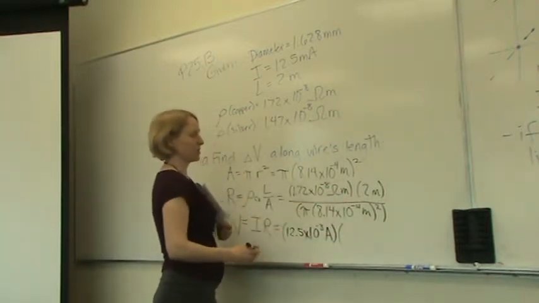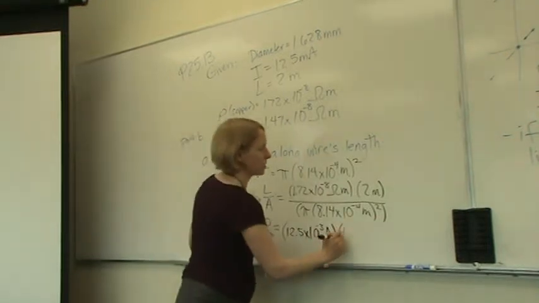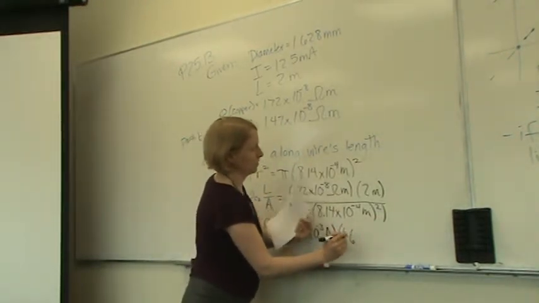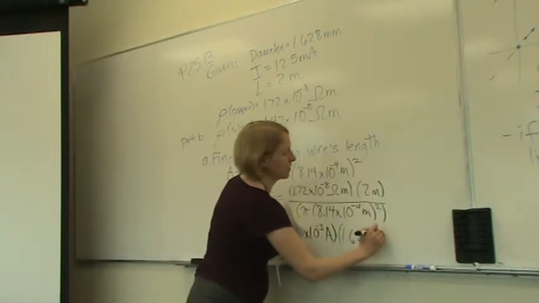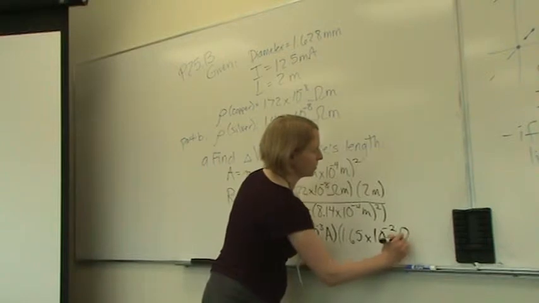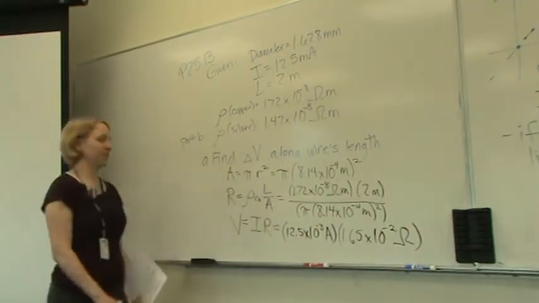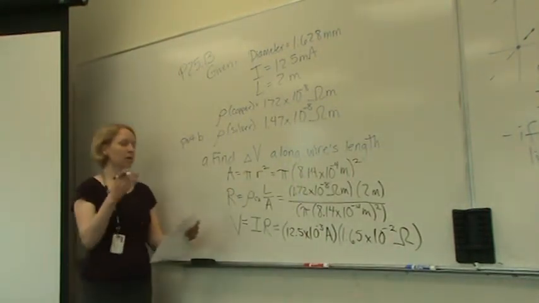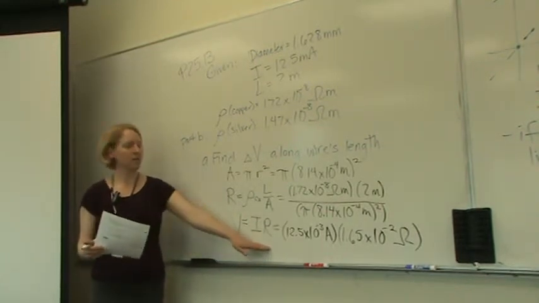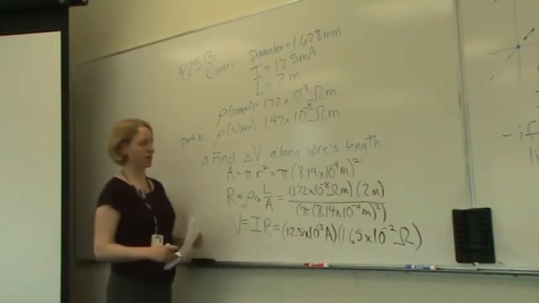And then we put in the resistance value we got above, which Saban says was 1.65 times 10 to the negative 3. Okay. And so we plug in these numbers now, and what's the final answer?